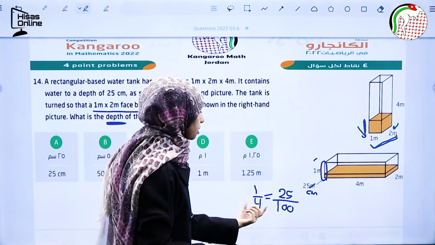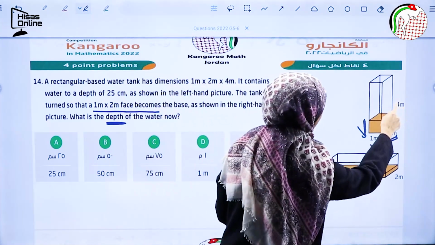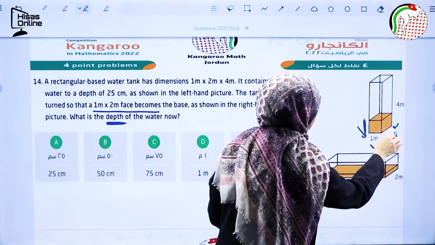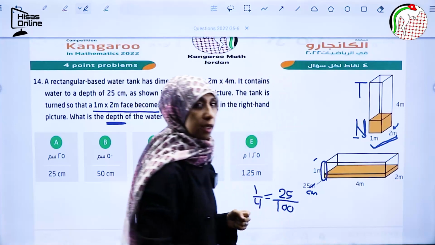We know that it's a quarter of the tank. So what has changed here? The total height or depth is 4.